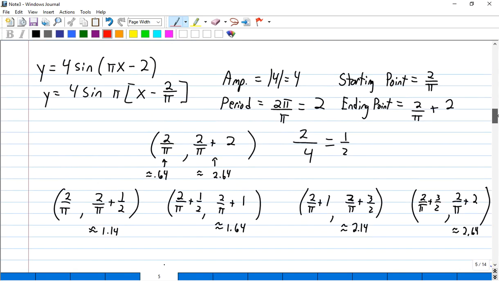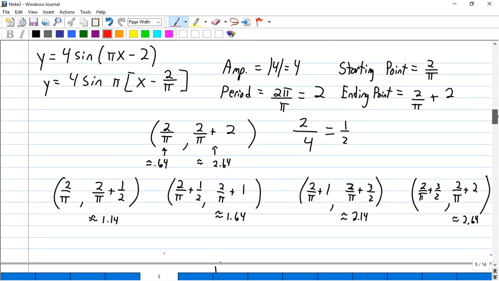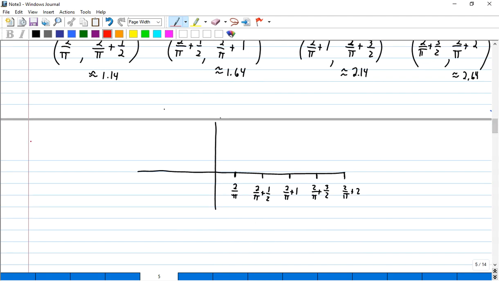Alright, let's see what my 4 sine pi x minus 2 over pi looks like. Even though it's really strange to have all of these weird looking numbers down here, I can still figure out those decimals. Just remember, they're just regular old x values with a decimal.